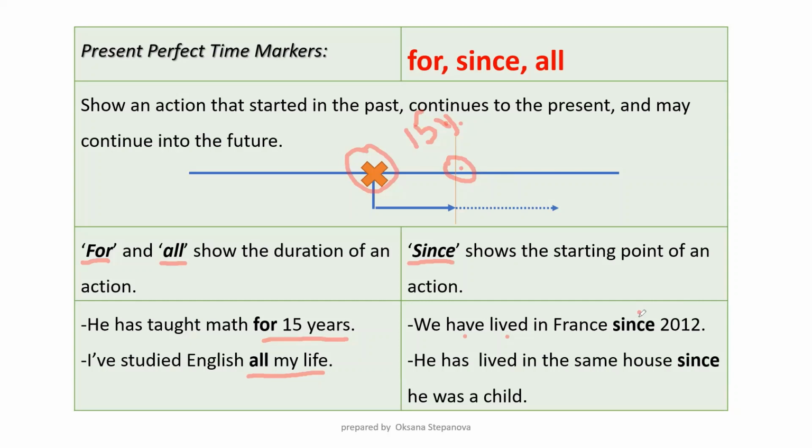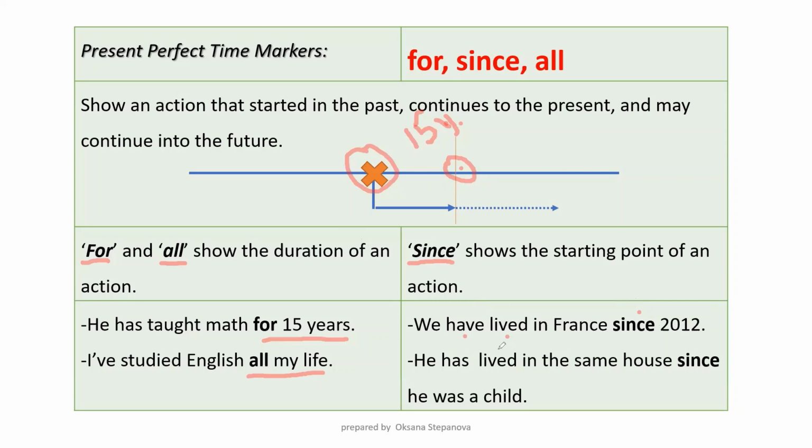We have the evidence because in present we still live in France since this time in past. So since shows the starting point in past, but we still have the evidence of what happened in past. That's why we use present perfect.